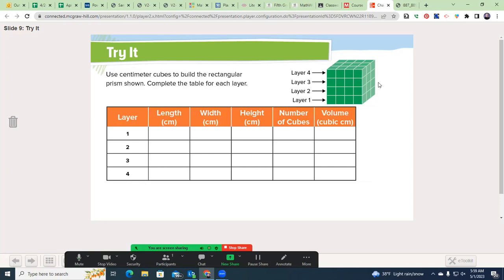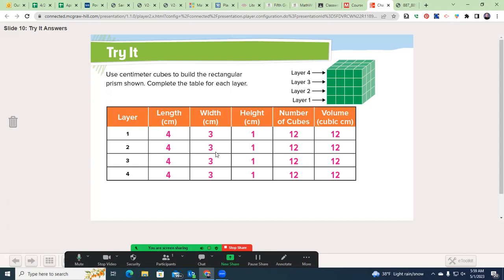And because this is a rectangular prism, every row is going to be the same. You can look in the figure. So I'm going to bring up the entire slide here, and you should be filling this in as I speak. It's 4 for the length in every one, 3 for the width, and each layer is only 1 cube high.